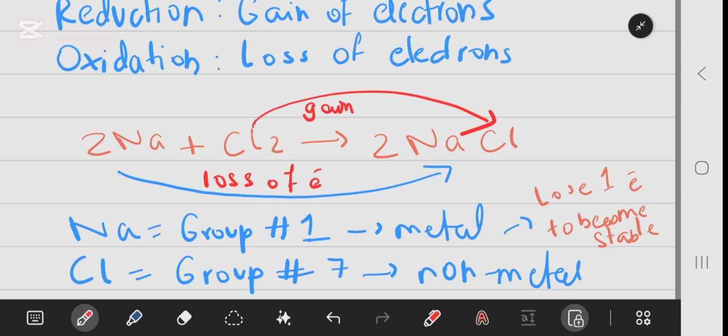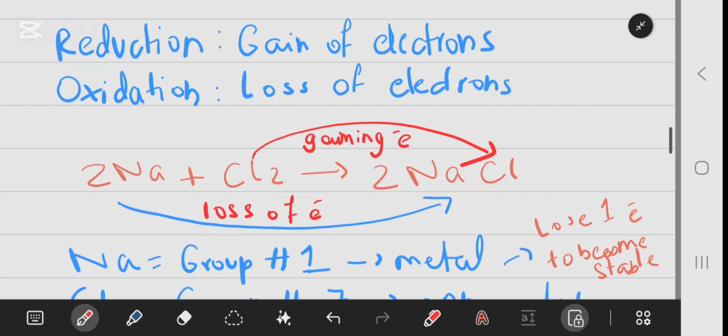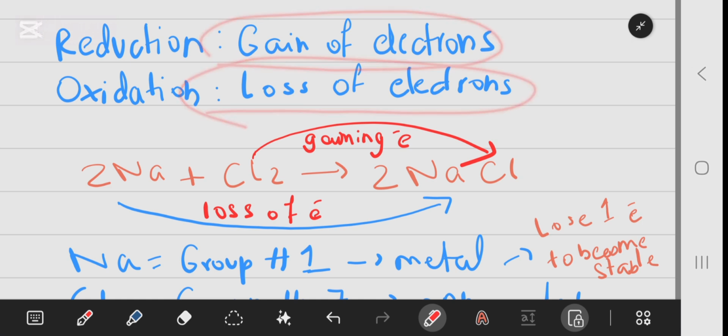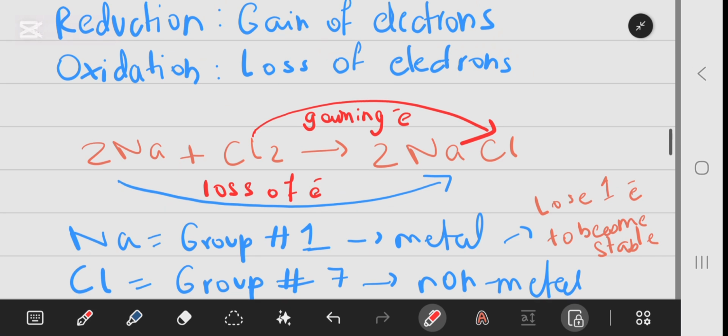As I've written over here, reduction is the gain of electrons and oxidation is the loss of electrons. Because sodium is losing the electron, sodium is being oxidized and chlorine is being reduced.